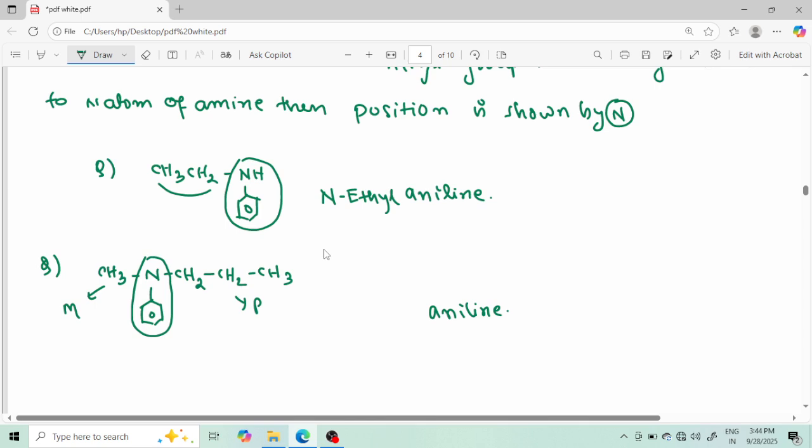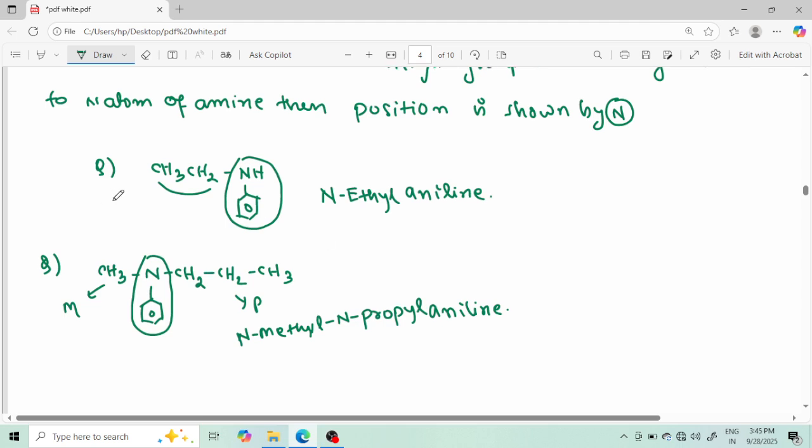So M comes first, right? So I will write here N methyl, and then I will again give a dash. Here N is signifying the position, just like ortho meta para, and N propyl. And this one I have written in alphabetical arrangement. Methyl comes first, and then propyl, right? Yes or no? So that's the name.